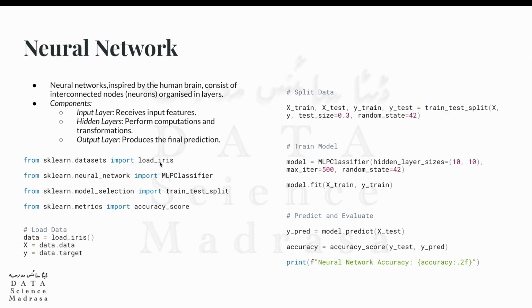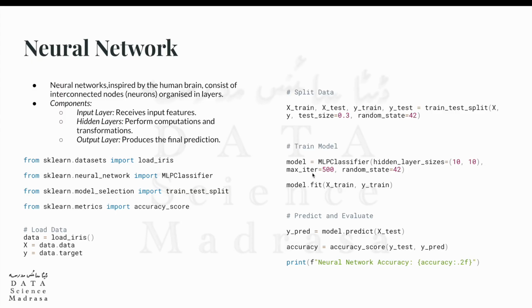Over here we have the exact same configuration in the imports, except that you're importing MLP, the multi-layer perceptron classifier, which is the feed-forward neural network, from sklearn.neural_network. You're loading the iris dataset, calling the train test split exactly as before, and calling the MLP classifier by giving it the hidden layer size to say that it's got 10 layers, each with 10 neurons.